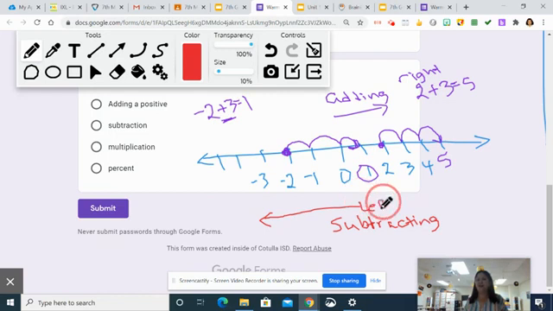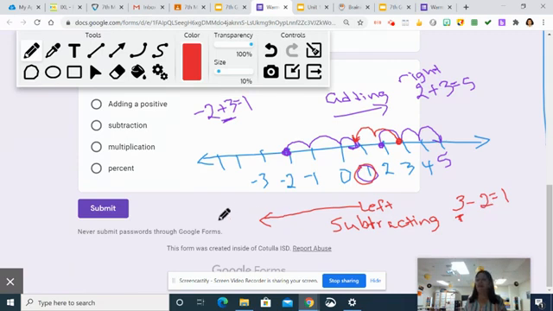So if we had something like 3 minus 2, what's our starting point? 3 would be our starting point. And how many hops are we going? 2, and we're going left. So our answer would be 1.